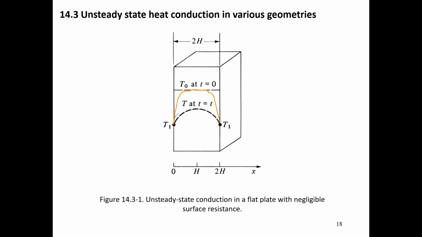So you would see that temperature is slowly dropping, like this. At different times t, it will keep on dropping, and at a very long time t, it would approach this flat line of T1, right? So you would want to get an equation for this temperature profile, where temperature not only changes with x, but changes with time as well. Let's see how to do that.